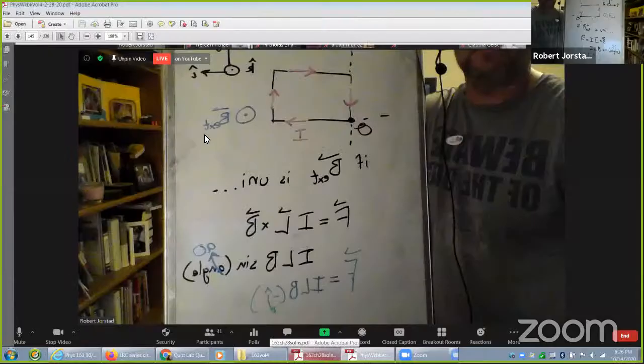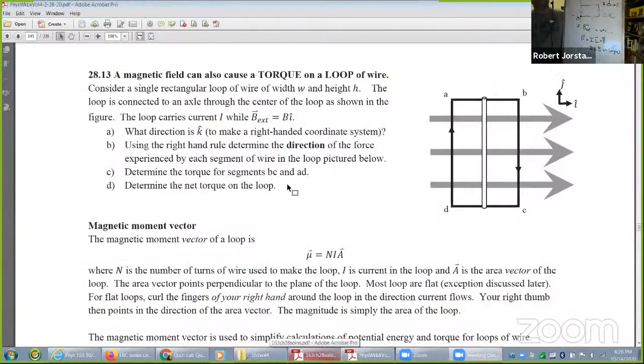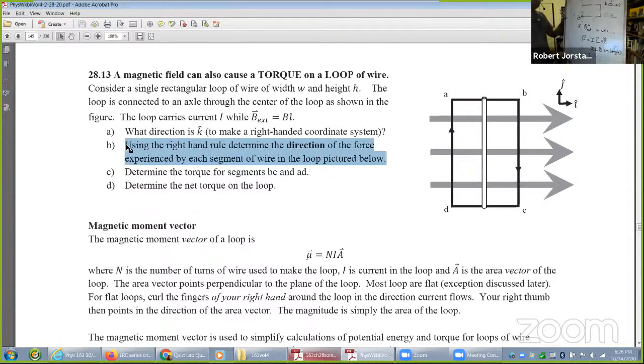All right. Now let's take a look at this one. K hat's going to be out of the page. I think you know that by now. Let's do part B as a team here. I'll give you a second to read that question.